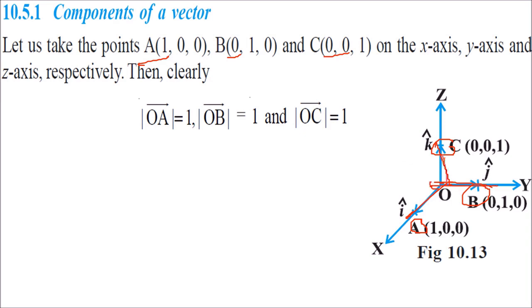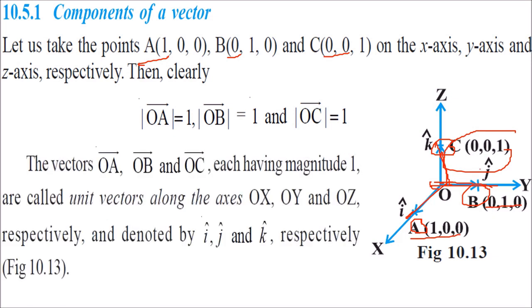Just assume the length to be 1, so the coordinates are very easy to find out: 0, 0, 1; 0, 1, 0; 1, 0, 0. Now if we say the magnitudes of these vectors OA, OB and OC are 1, they are called the unit vectors along the x, y and z axis, and they are denoted by i cap, j cap and k cap. So these are the unit vectors along the axes.